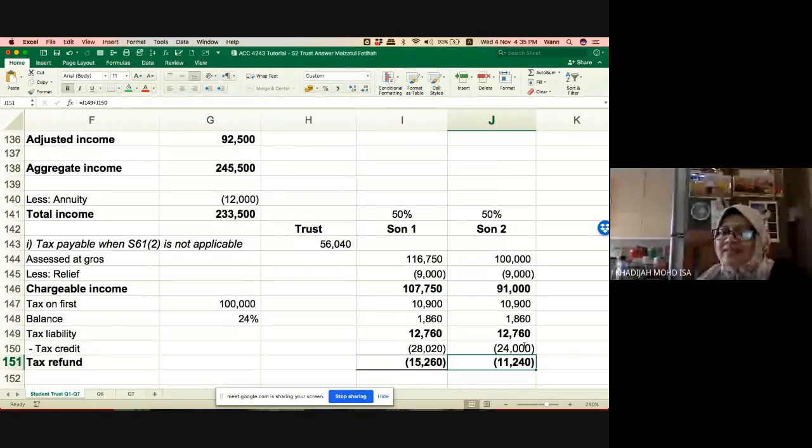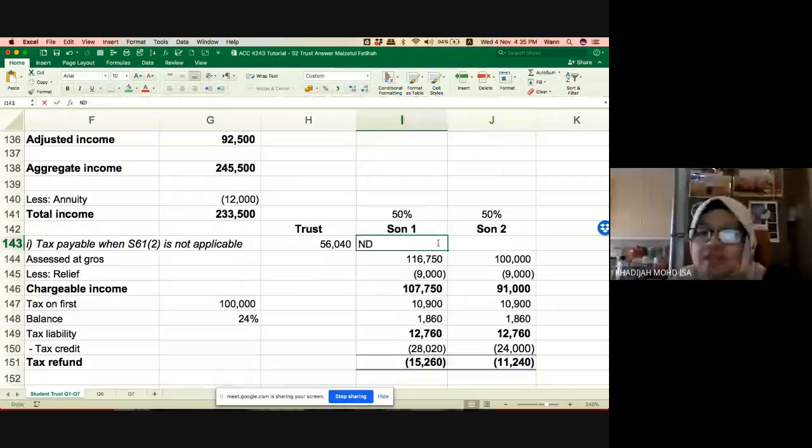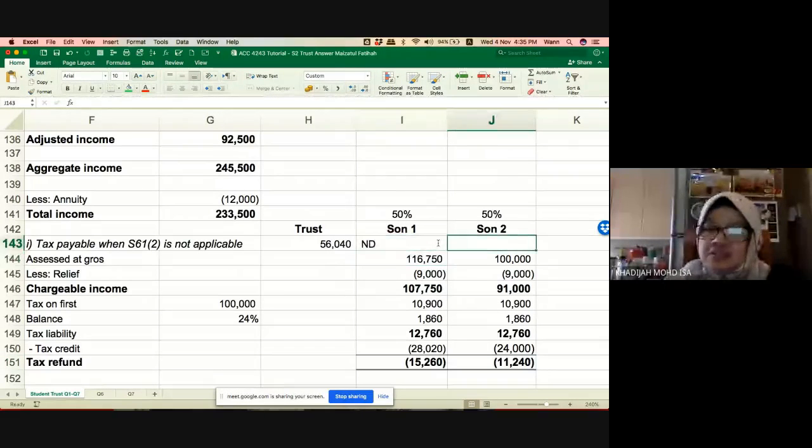Yeah, the tax credit given to the beneficiary is on the amount assessed. Why instead of 116 do you assess on 100? Because assuming that it's a discretionary trust, we take the lower of. Okay, so let's say that, for example, here is non-discretionary, here is discretionary trust.